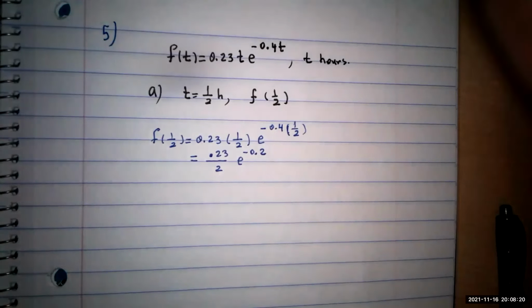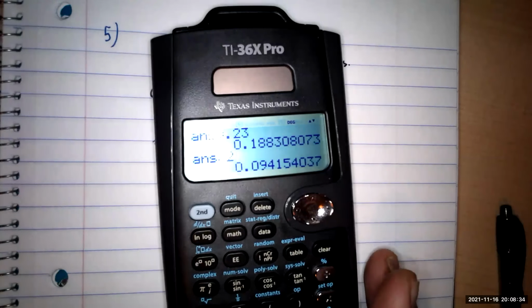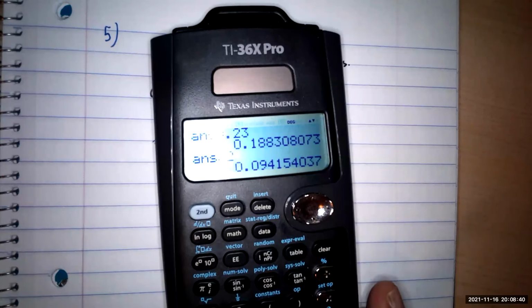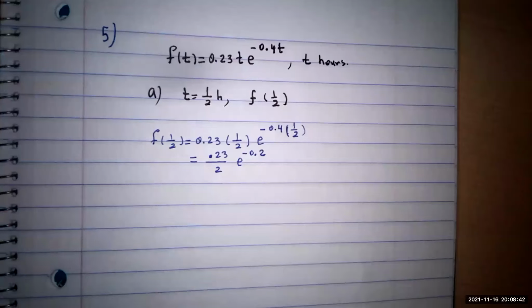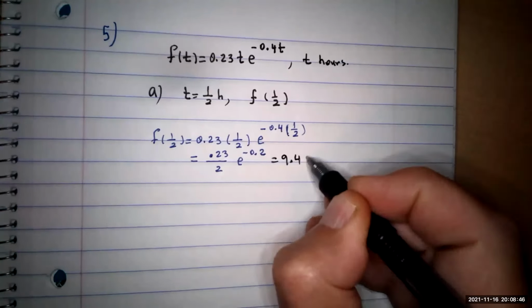9.4%. Excellent. Yes, 9.4% is correct. Anybody else? Yes, about 9.5. Yes, that's going to be the result. You see 0.094. So it's going to be 9.4% almost, or just 9%.